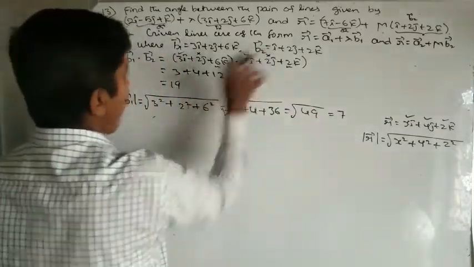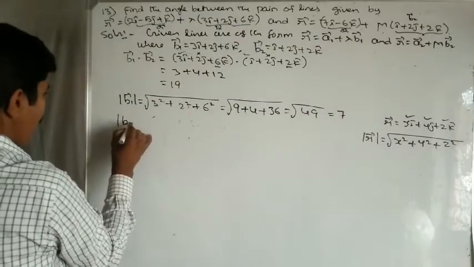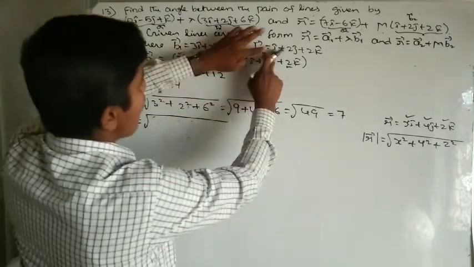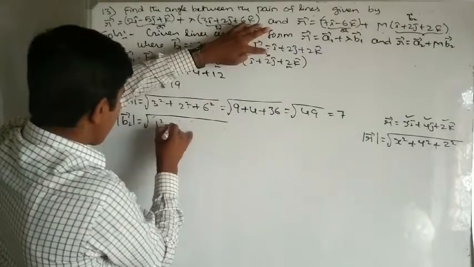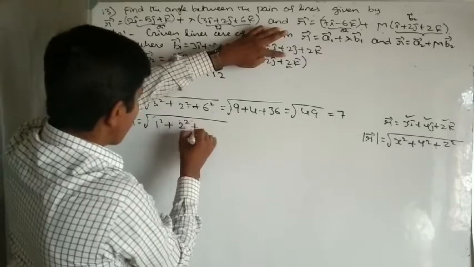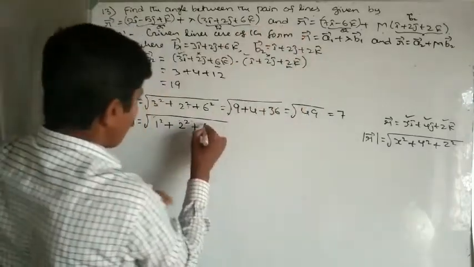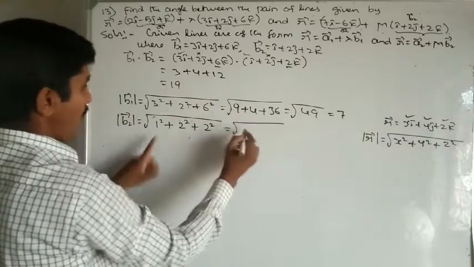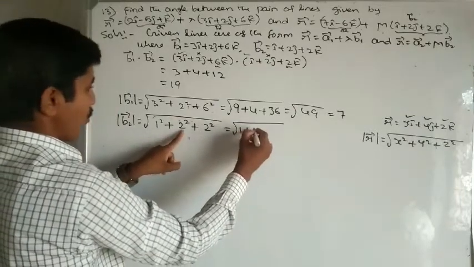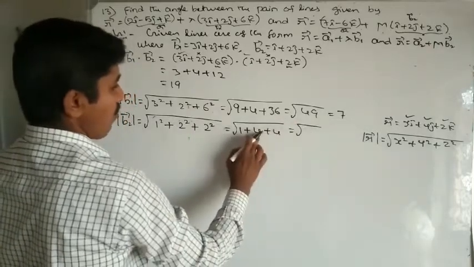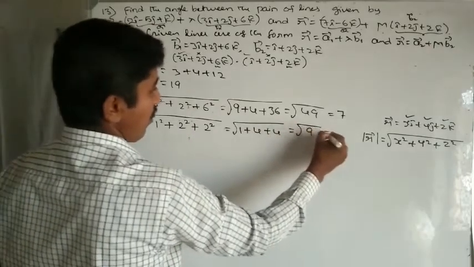Similarly, the magnitude of vector b2 equals the square root of 1 squared plus 2 squared plus 2 squared, which is root of 1 plus 4 plus 4, 8 plus 1 is 9. The square root of 9 is 3.